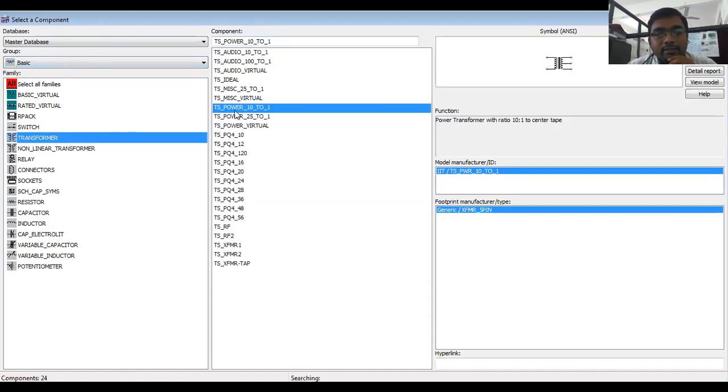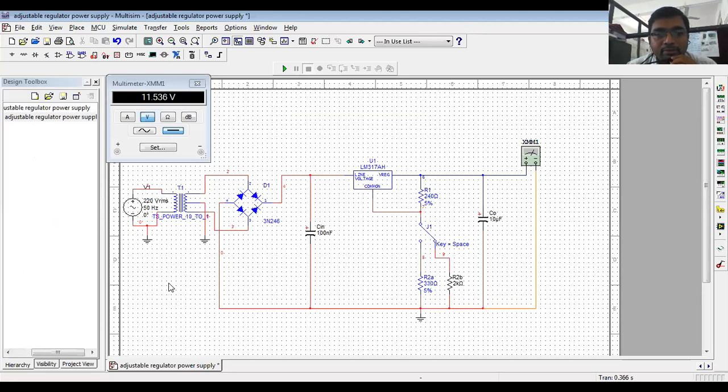Here is the TS power 10:1 transformer, a power transformer with a ratio of 10:1. It is a center tap transformer, so it would step down the voltage 10 times. The output of the transformer is again an AC signal. It is given to a bridge rectifier, and this is IC number 3N246.